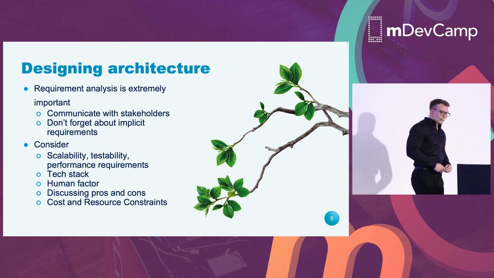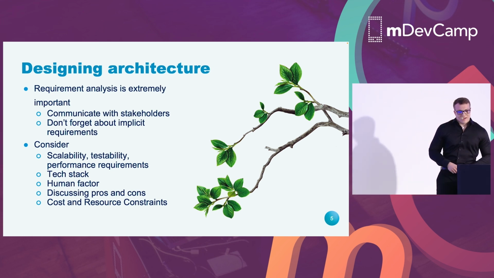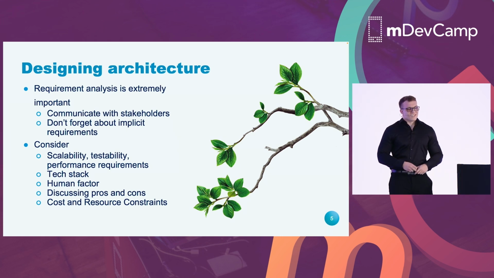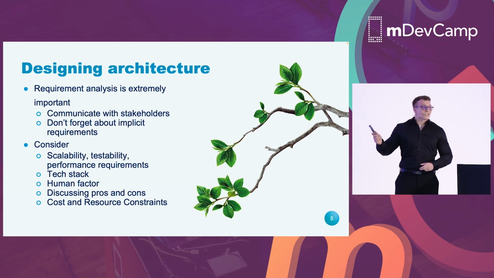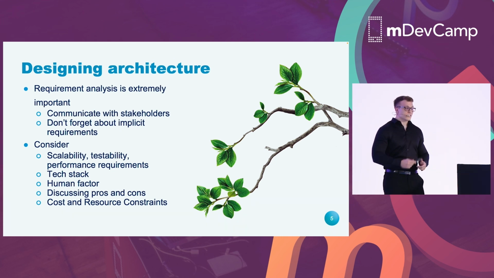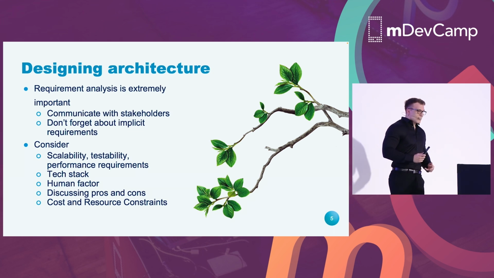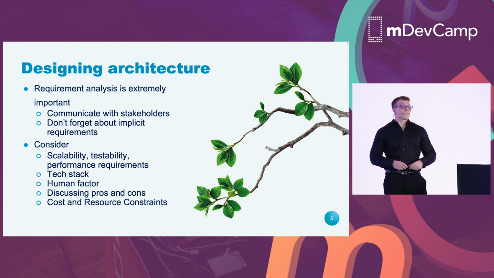Now, how do you design an architecture, right? First things first, requirement analysis is extremely important. Ask questions, communicate with your stakeholders, with your customer, because you don't want to miss a thing. You have to fully understand the context of the application. Funny thing is, don't leave out implicit requirements.